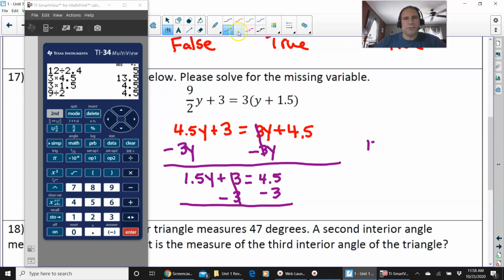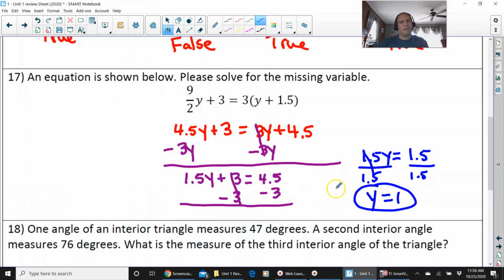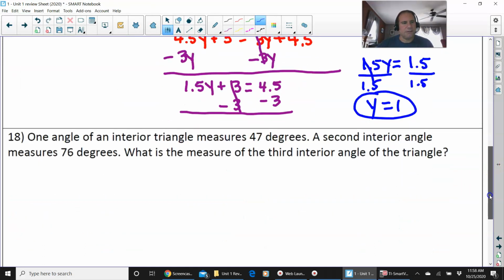This is 1.5. 1.5y equals 1.5, because 4.5 minus 3 is 1.5, and divide by 1.5, and obviously this answer equals 1. All right, that's number 17.